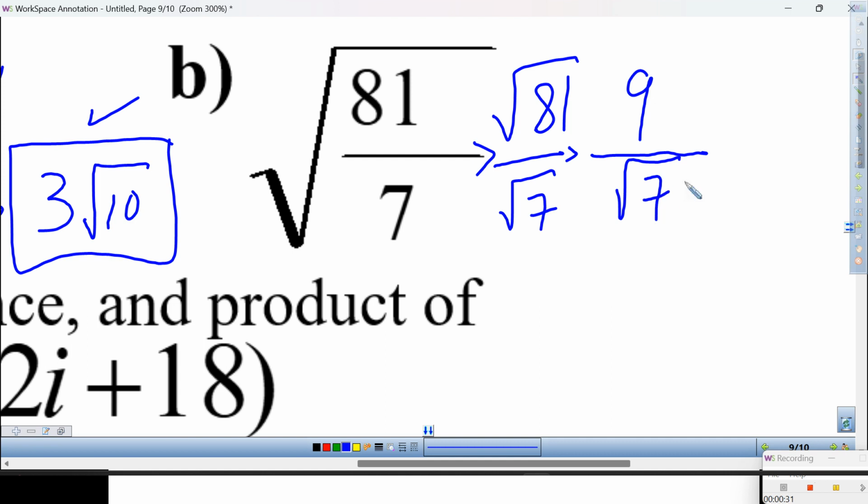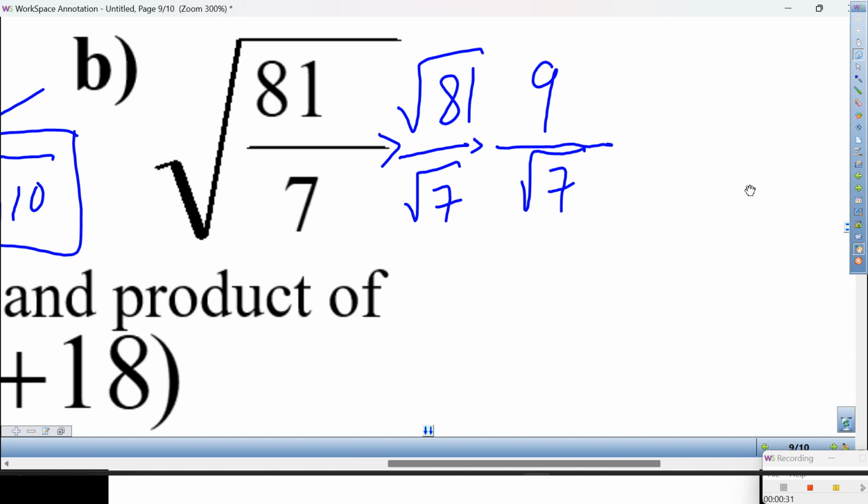However, reminder, can we have a square root on the denominator? No. Remind your neighbor what to do with that, please. What do we do to get rid of that square root on the denominator? Jacob, what do we do? Very good. He said multiply top and bottom by square root of 7. That is correct.